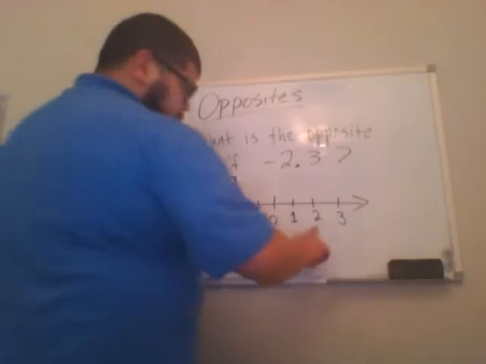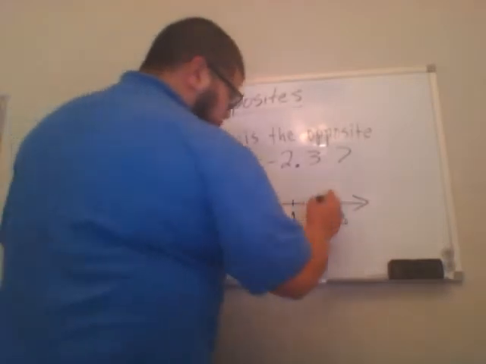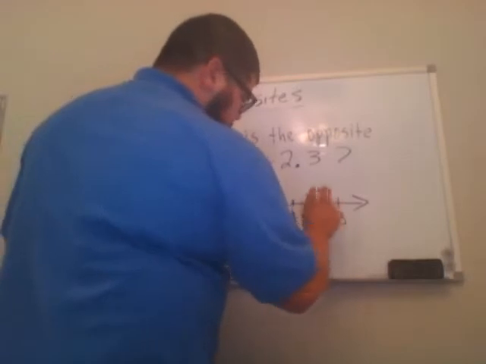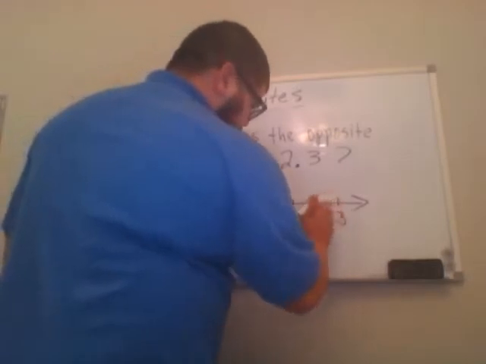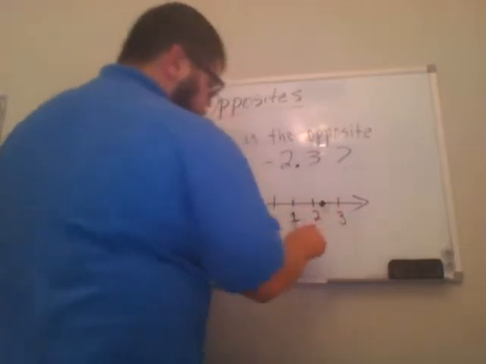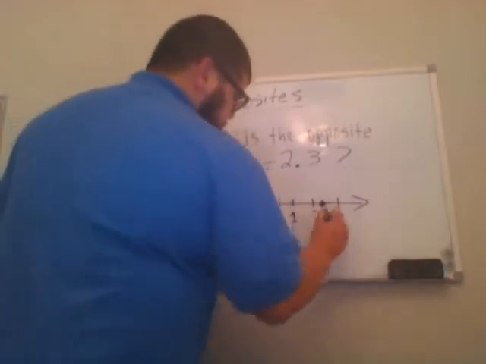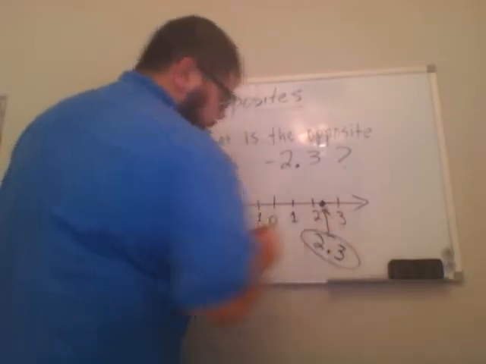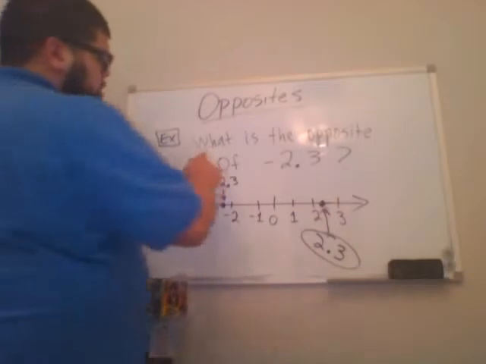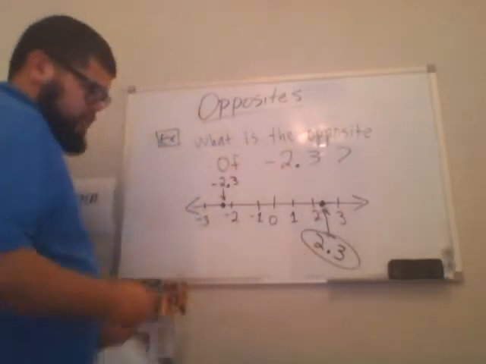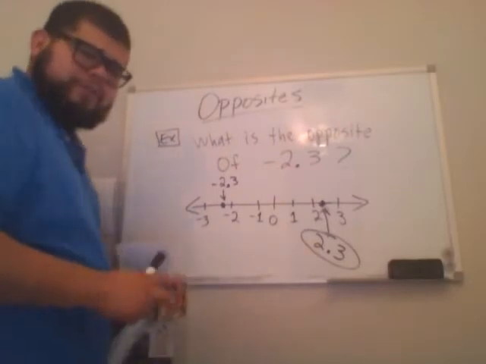So 1, 2, and a little bit more. Not quite halfway, but about right here, a little bit to the right of 2. This is going to be positive 2.3. And that will be our answer to this question, what is the opposite of negative 2.3? Well, that's positive 2.3. Okay, that's the rest of part 2 of our opposites.